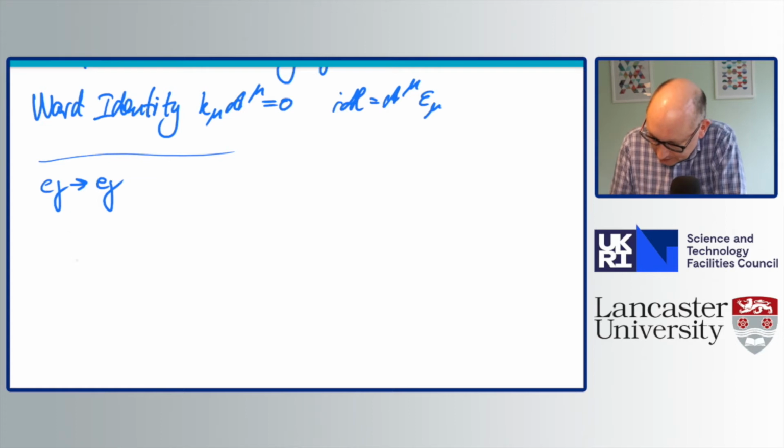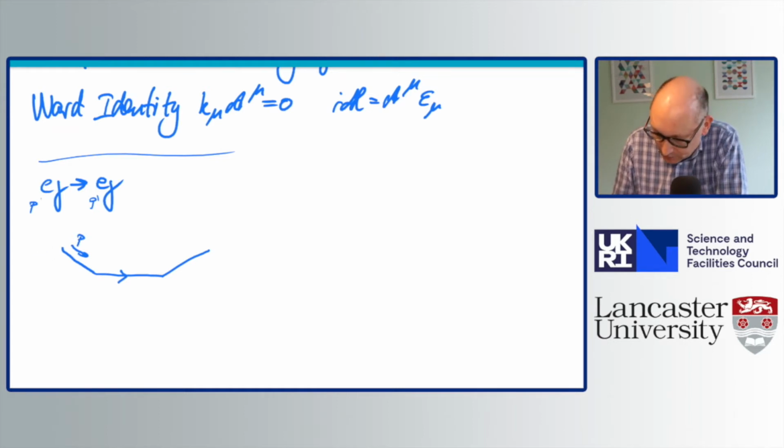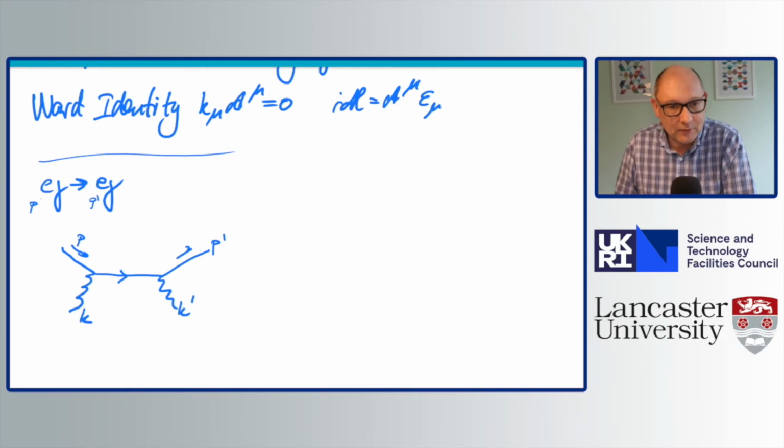What we have here is an electron line that goes from initial to final state. There's an e with momentum p, and here we say it has momentum p prime. Here there's a photon that comes with momentum k, and the final state photon has momentum k prime.